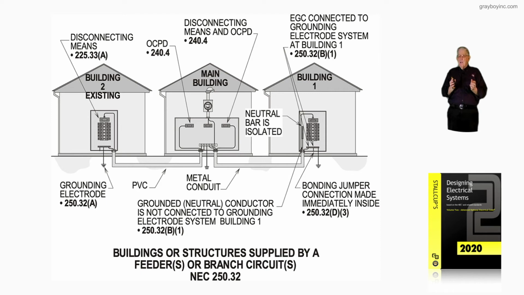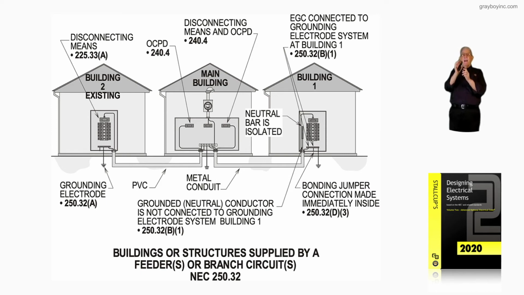But the other thing they straightened out is the grounding electrode conductor now would not be sized off the 225 amp main in the main building. It would be sized by the 4-aught conductors feeding the 225 amp main in building 1. So it would be number 2 by table 250.66. So now here we're using 2 main tables, or really 3. You're using table 250.122 to size your equipment ground based upon the 225 amp main in building 1.